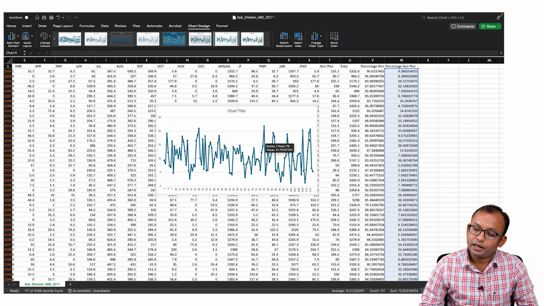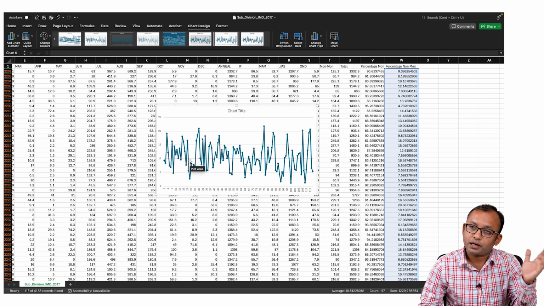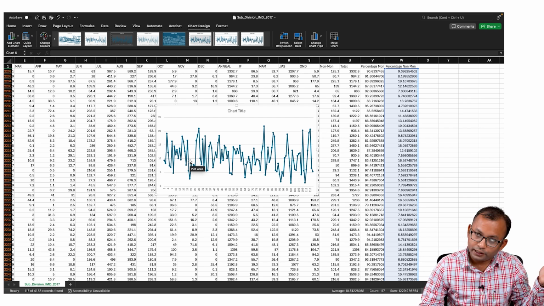And when we have higher non-monsoonal or monsoonal rainfall, it can be attributed to high flow conditions or flood periods as well. So, using this data set, we can figure out how the climatology of the eastern Madhya Pradesh region has behaved over the past 100 years, more than 100 years.